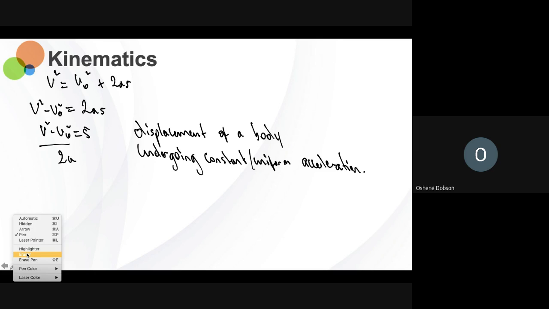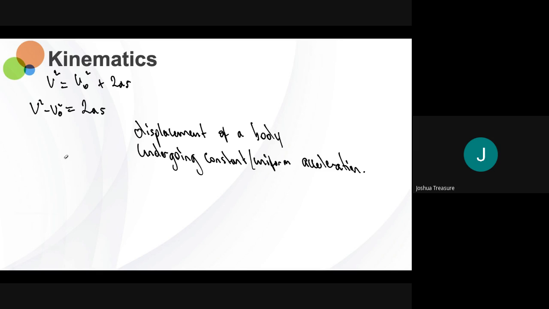All right, I get what you're saying. I understand what you're saying. So you would go ahead and divide both sides by 2A.